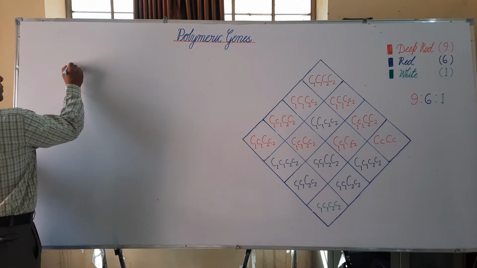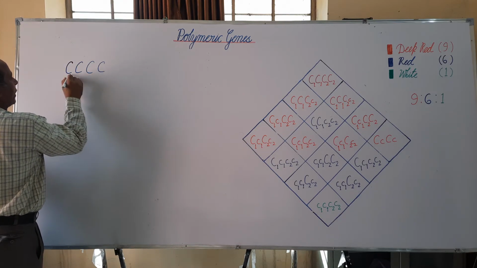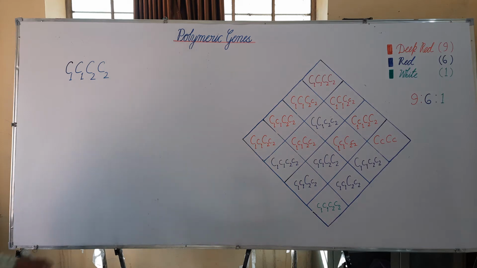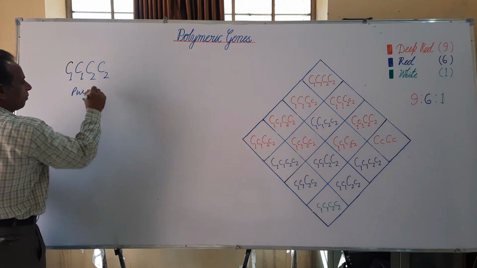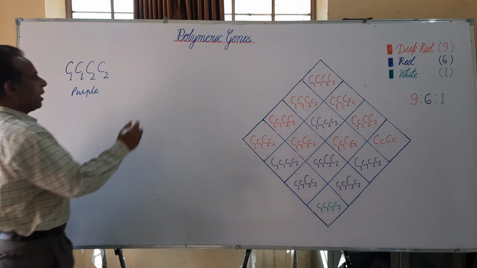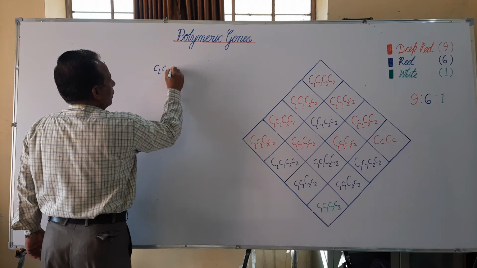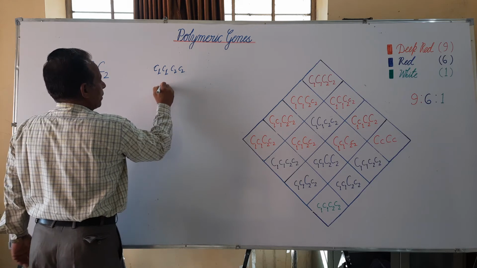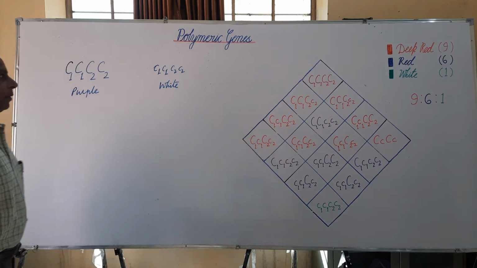Suppose a variety of wheat contains both C1 and C2 in homozygous dominant condition with deep red pericarp, and another plant which is homozygous recessive in both genes has white pericarp.